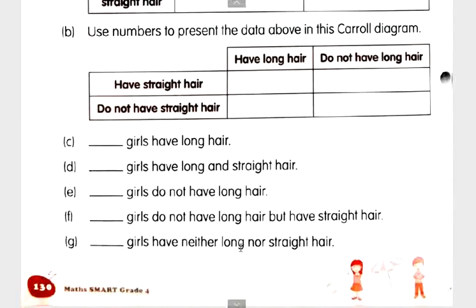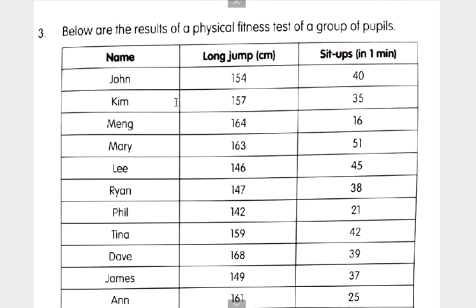Number 3, I think. Okay, below are the results of a physical fitness test of a group of pupils. Here are the names in the first column. Then in the second column we have the distance of the long jump.